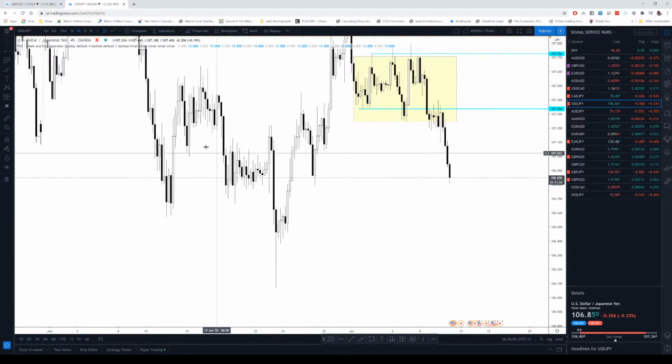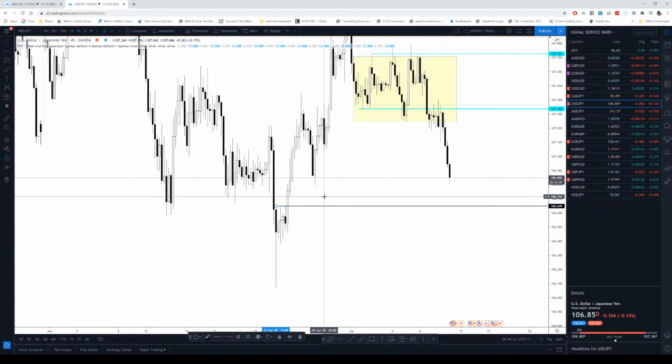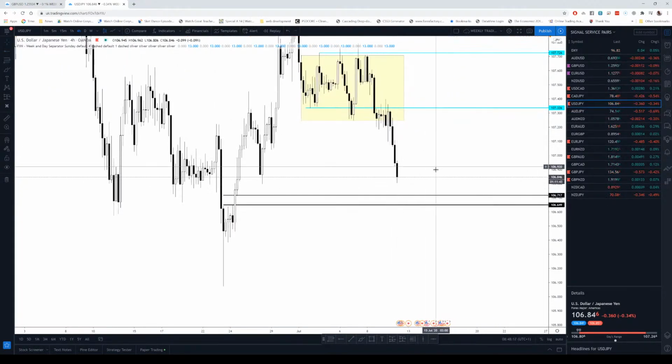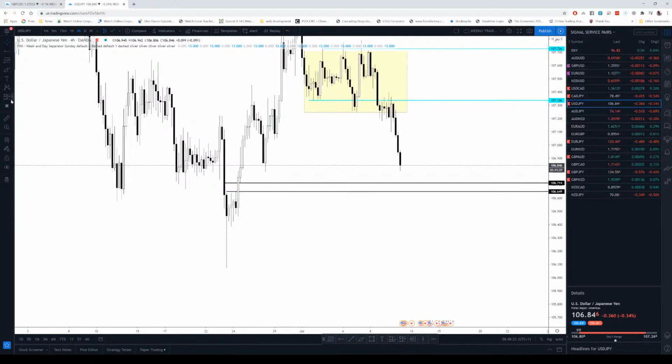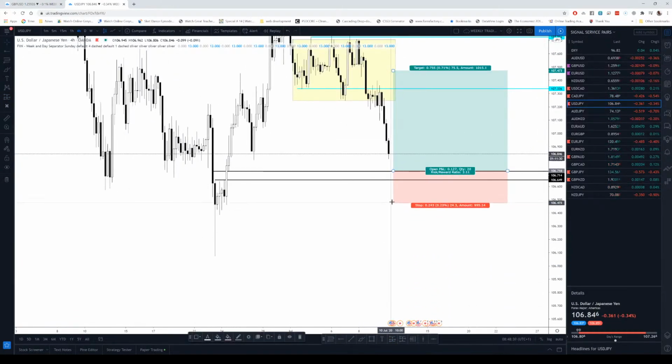I think price is gonna drop. It's gonna take out this low and drop in here, and it's gonna give a bounce, not a trade to the moon, but a reasonable bounce. So I can frame a trade in here. It depends on how they drop in there.